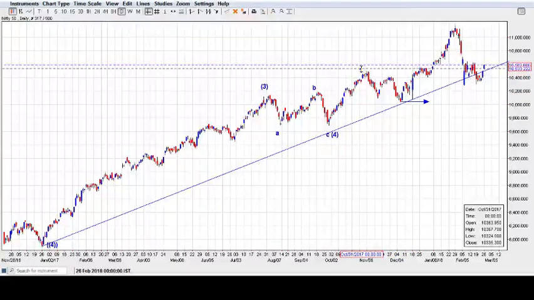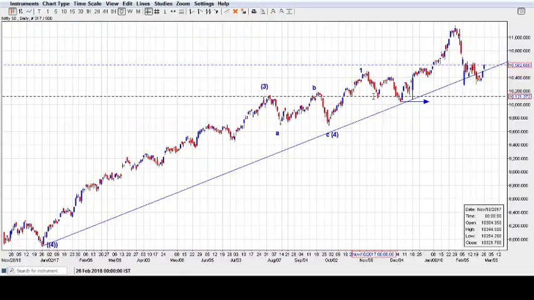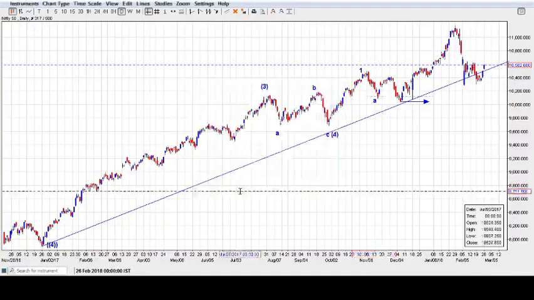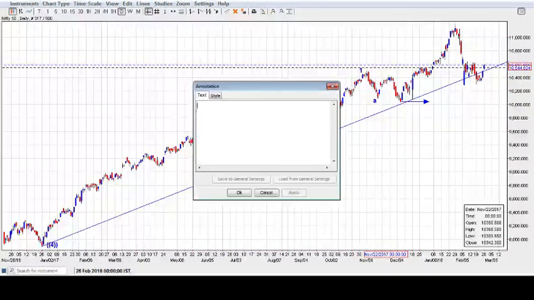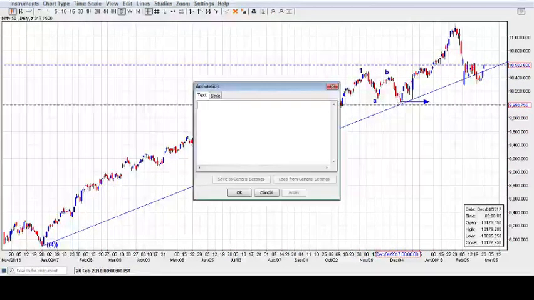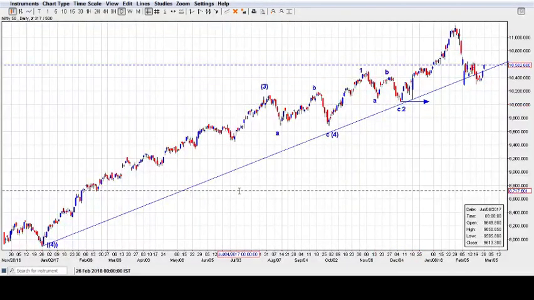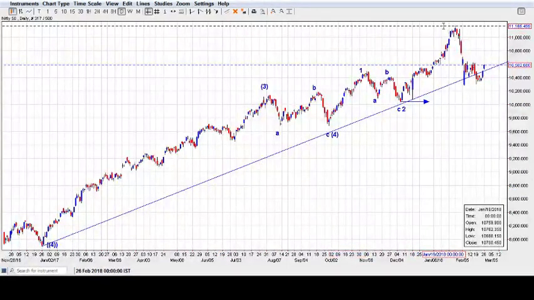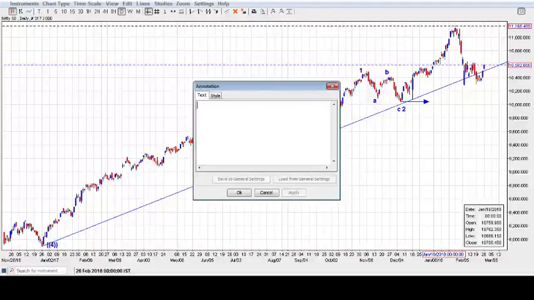We've got the first leg out here, ABC wave 2, and that is wave 3, of course.